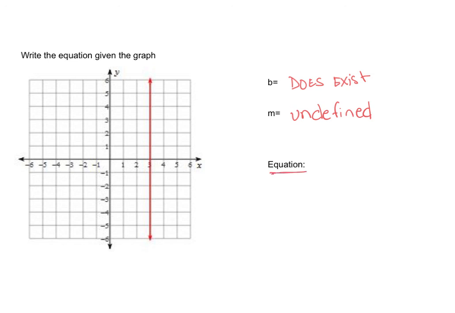But I can write an equation because I know that this line is crossing through the x-axis at 3, and all of the ordered pairs have 3 for x. So it doesn't matter what the y is, the x coordinate is always 3. So the equation is going to be x equals 3.